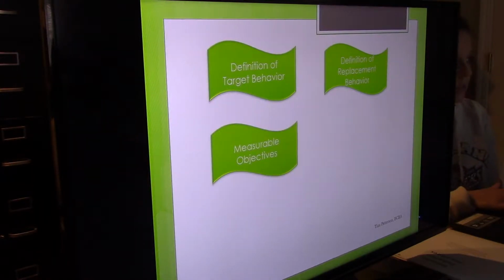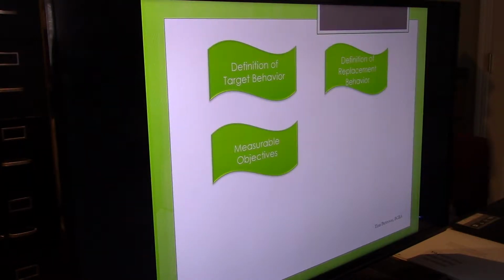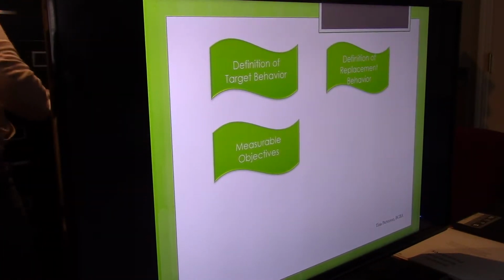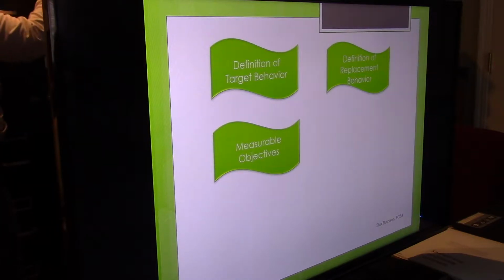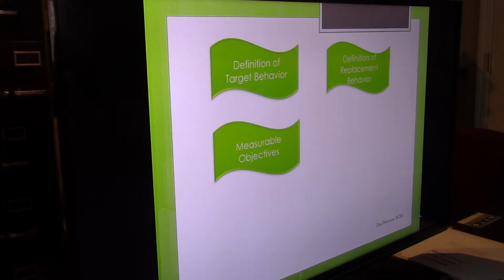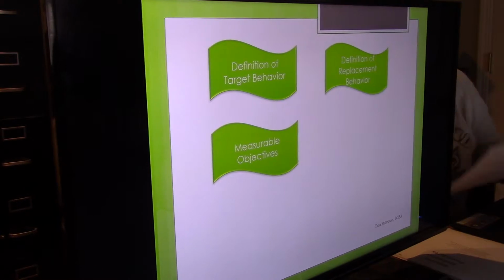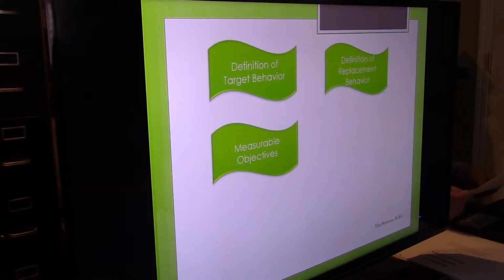Measurable objectives. So for IEPs, for example, or whatever, nobody knows this kid. This is one of the assessments I did last week.